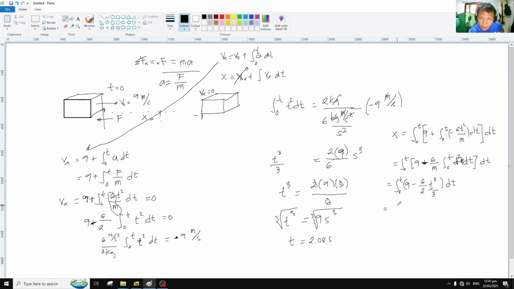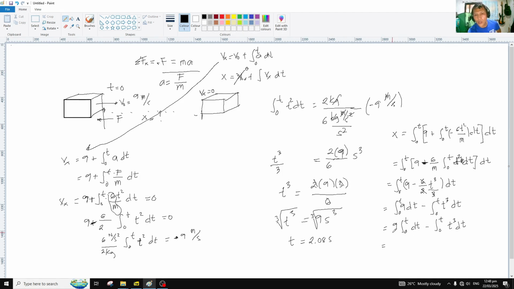So you have 0 to t, 9 dt minus 0 to t, 6, you have t cubed, t cubed dt. So finally, you have 9, 0 to t dt, minus the integral from 0 to t of t cubed dt.